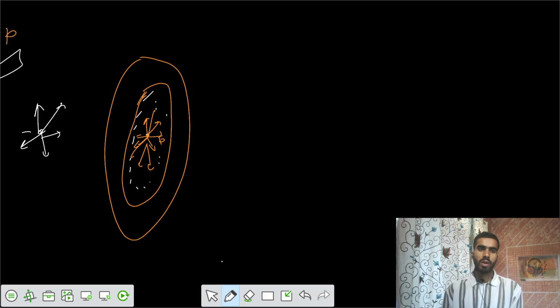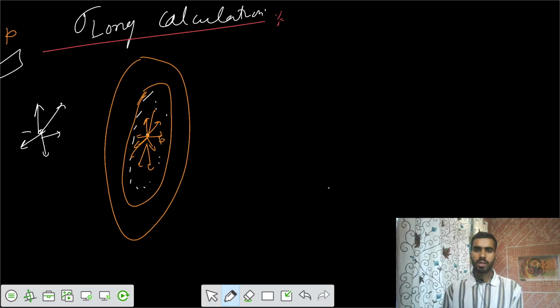So if I write the sigma longitudinal calculations, we have the assumption that P inside is acting on the projected area.